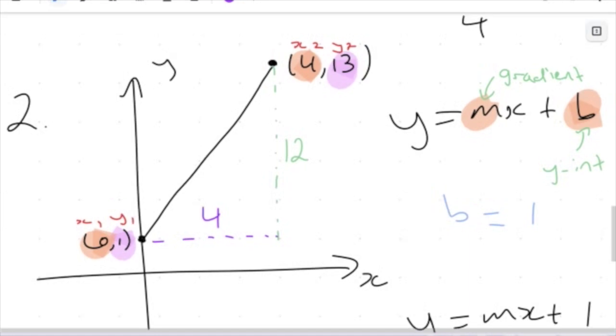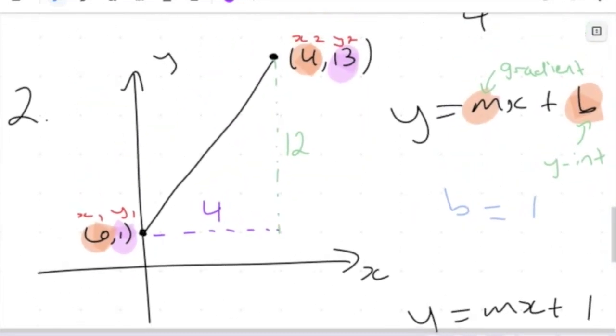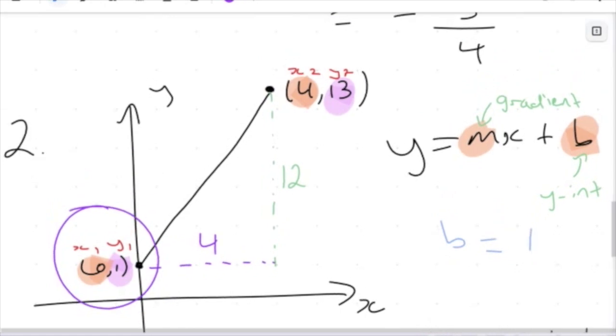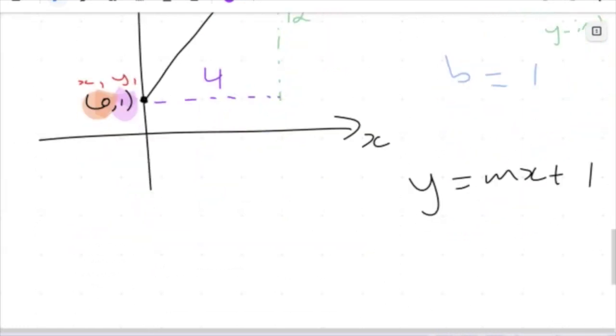So that's my change in x. And also x2 minus x1, 4 minus 0, also gives me 4 as an answer. So no matter which way I go about this, I always get the same gradient. And we can also do this if I made, for example, these points down here x2, y2, and I made these up here x1, y1, and subtracted it. We would get to the same answer. So there's a bunch of different ways you can go about these types of questions.